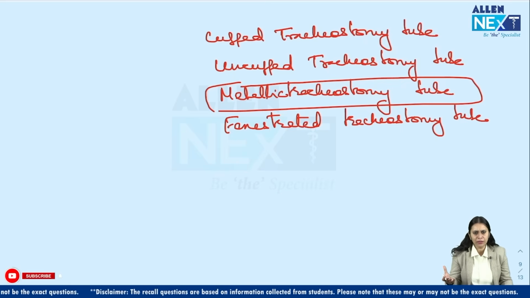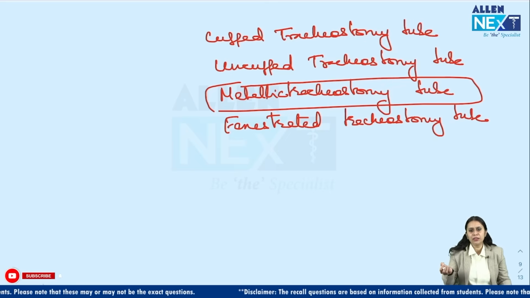Just to maintain the patency, we have to put a patient on long term tracheostomy tube. So metallic tube is used. This can be used for a prolonged time period, and time to time it has an obturator in it. We can clean it. It can be kept there for a longer time period. But this metallic tracheostomy tube cannot be used for mechanical ventilation.